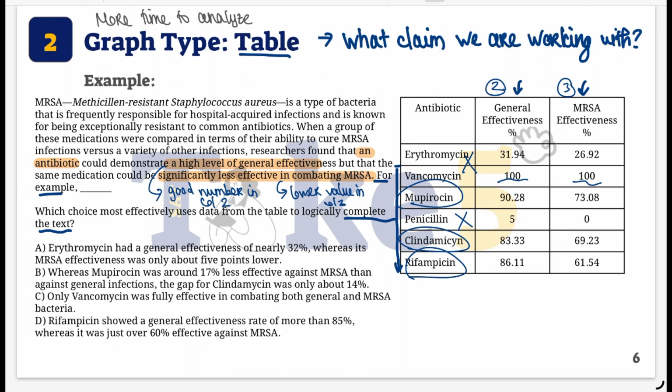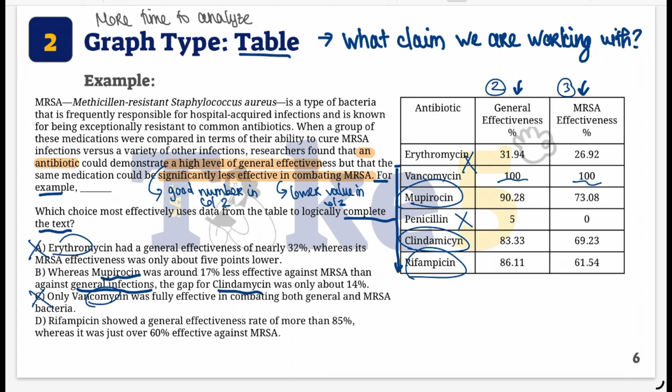As stated, we do not need to look at eliminated rows anymore, so we don't need to look into statements about type E, which is in A, and type V, which is in C. B compares the difference between general effectiveness and MRSA effectiveness of type M and type C, which we can check if the number is correct.